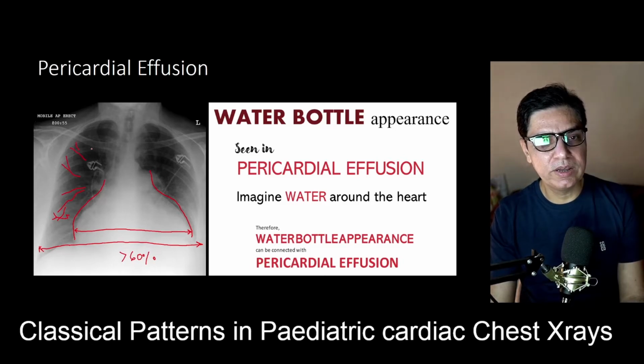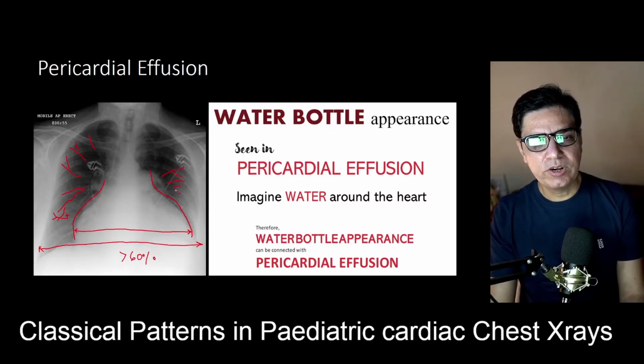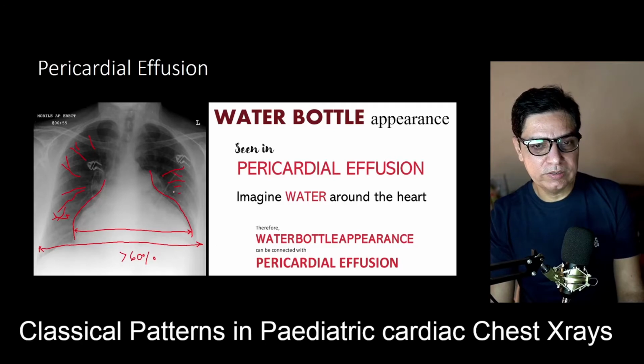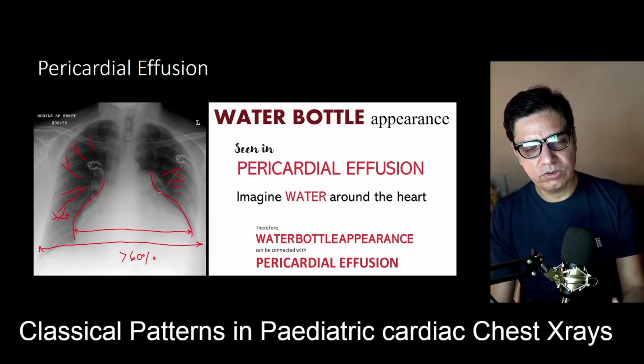So the curly B lines, you can see it is going up to the periphery of the lung. Oh, there are so many. So pulmonary congestion along with water bottle appearance. A water bottle is a sort of rubbery bottle which is full of water. Similarly, pericardial effusion is a type of fluid within that bottle, like you can't call it a bottle, it's just like a flask, or you can say it is the pericardial cavity in which there is a collection of fluid.